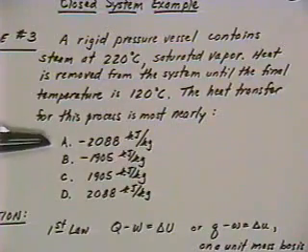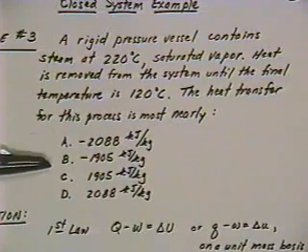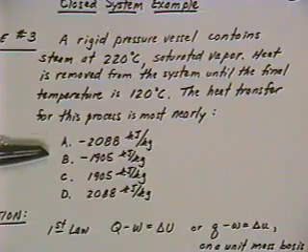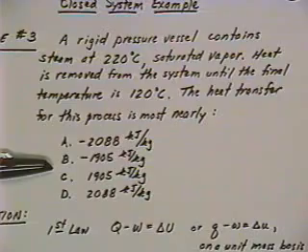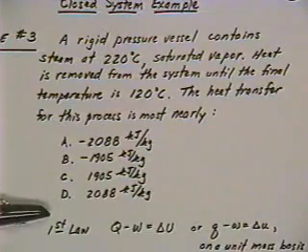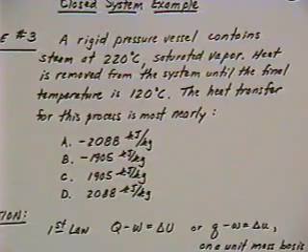You'll notice here, and this is also common, that A is negative 2088, B is negative 1905, C is plus 1905, and D is 2088.